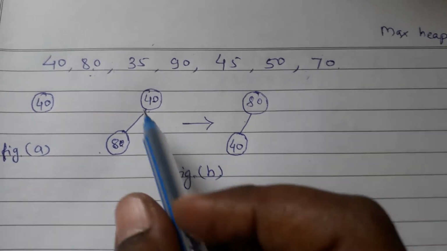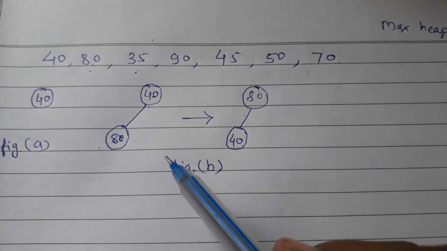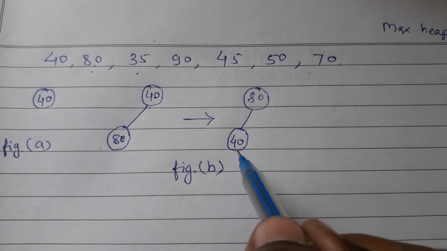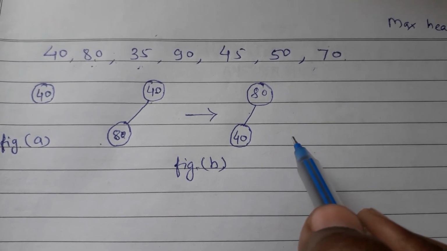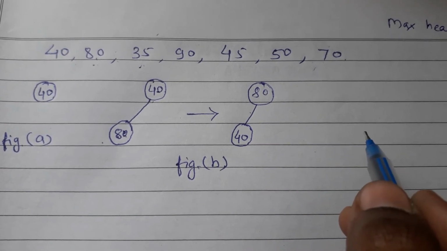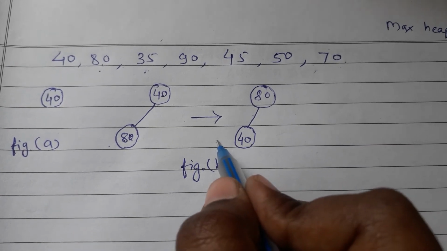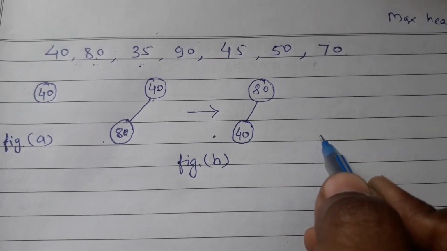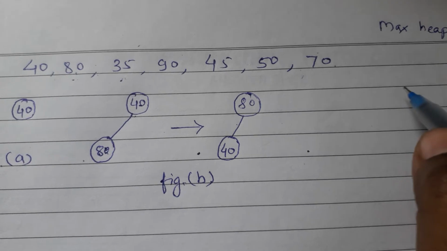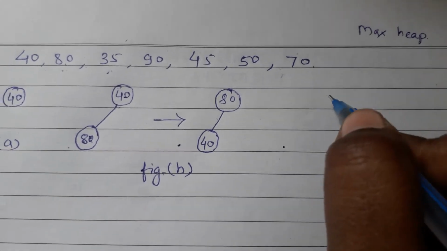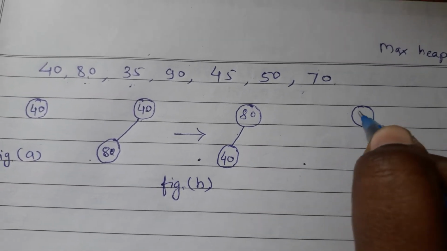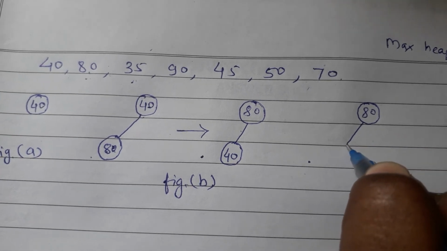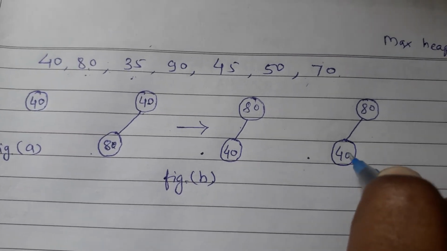Now we have to insert the next number, 35. When we insert a new node into a heap, we insert it from left to right. So 80 remains as it is, with the left child 40.